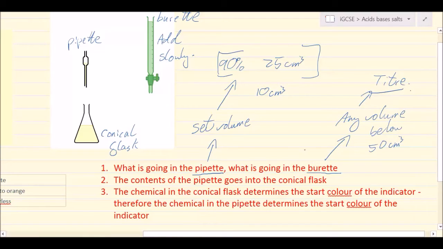Okay, the one that you keep repeating. So it should have a few different readings. Okay, so looking at what goes in the pipette and the conical flask, that then, point 3, will help you to determine the indicator color change, because that will be usually worth 1 mark.